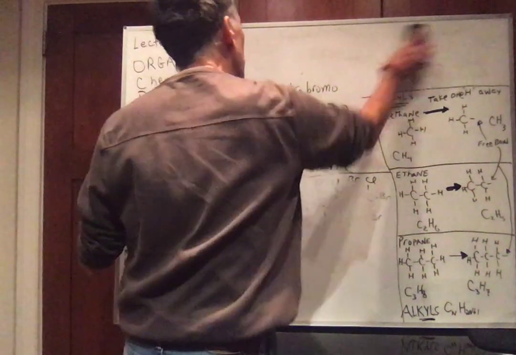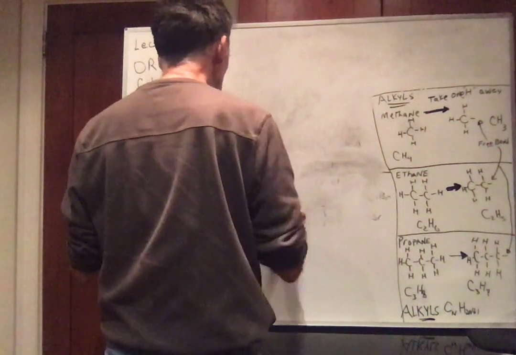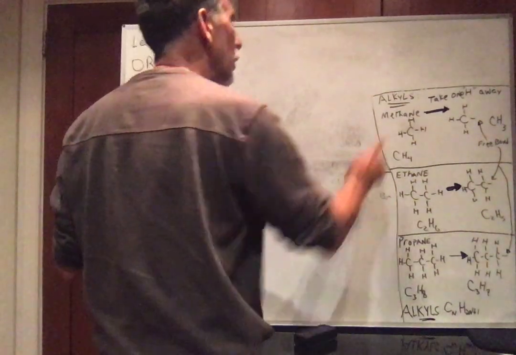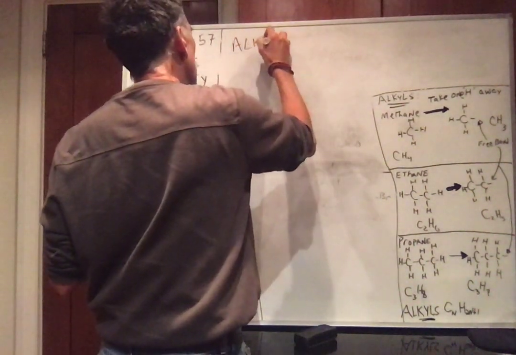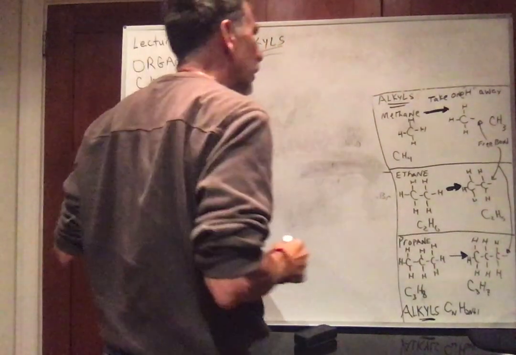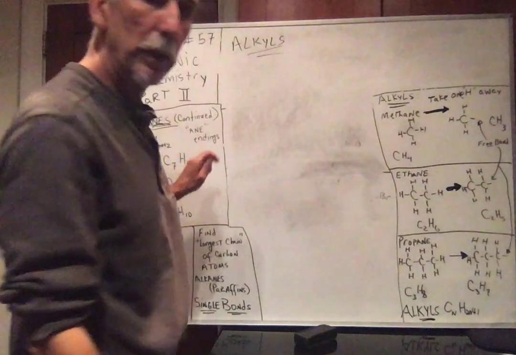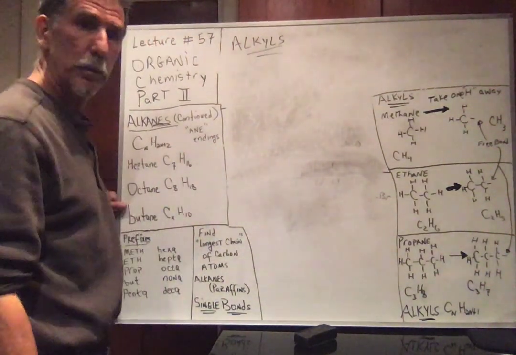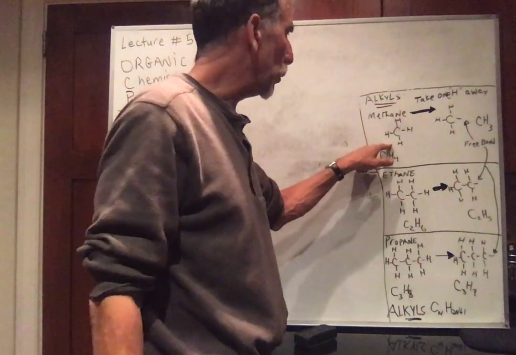I want to tell you about something now because we're going to do other substituents. We're going to do things called alkyls. So I want to focus on alkyls and tell you about alkyls. Let's look first. Remember, methane was CH4.